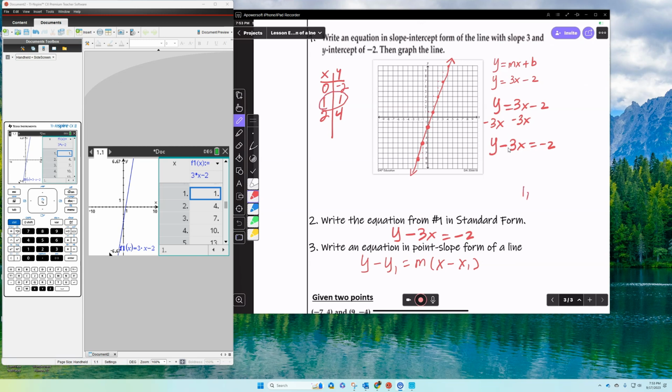I know that (1, 1) is on the line, so x1, y1 is (1, 1). If I'm going to write it in point slope form, I just have to substitute: y minus 1 equals 3 times x minus 1, because y1 is 1, the slope m is 3, and x1 is 1. And this is in point slope.